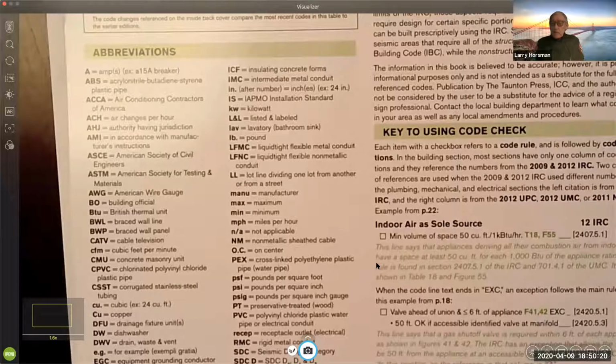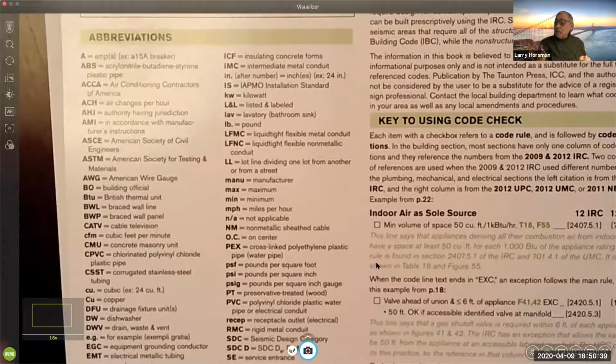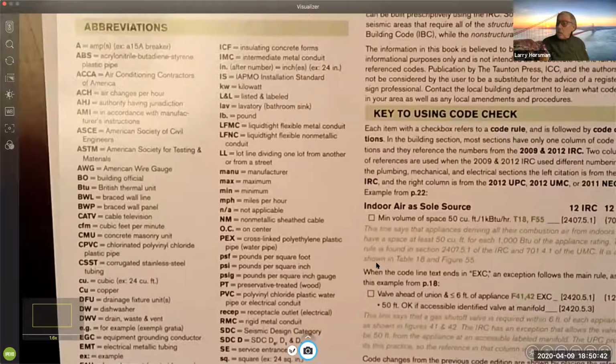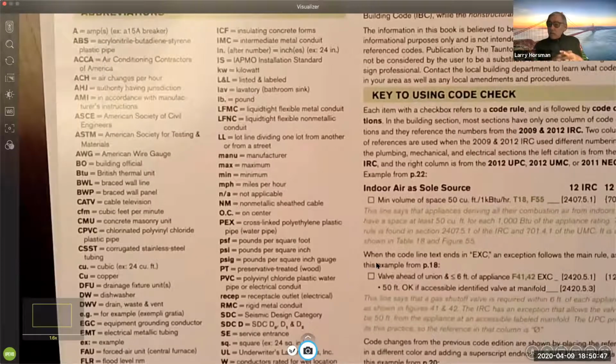So DWV, drain, waste, and vent, we'll be talking about those things. If you see an abbreviation somewhere in here, you can flip back here if you don't know quite what it is. You know, there's that LFMC, and so that covers the building, plumbing, electrical, and mechanical common terms that you'll find in the book.